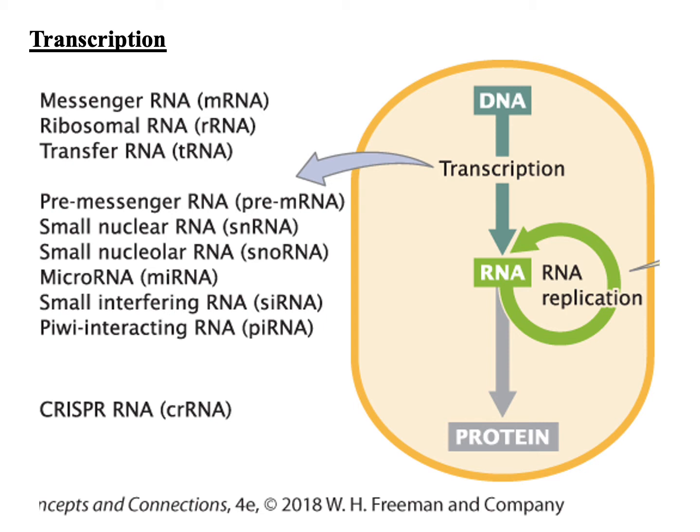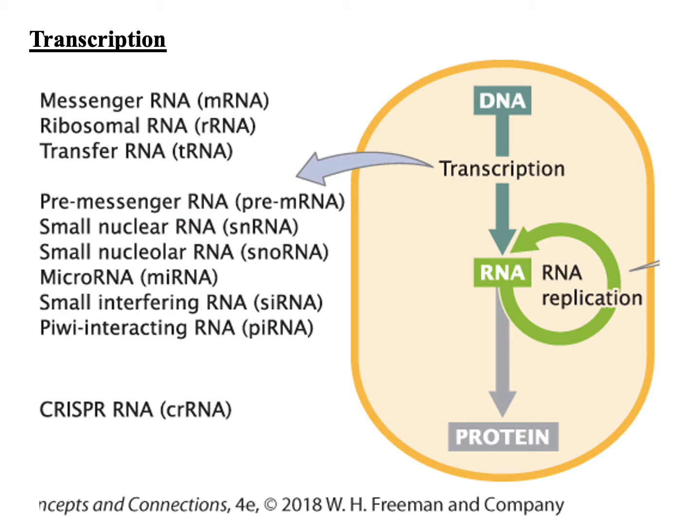Now, the right hand of the slide really just focuses on that flow of information that we discussed in the first slide. DNA being copied in a transcription process to produce RNA, and RNA then utilized to synthesize a protein in most cases. What I did want to highlight from this are the types of RNA that can be produced by transcription. So the 3 largest classes of RNA that are produced by transcription are messenger RNA, which I've already mentioned.